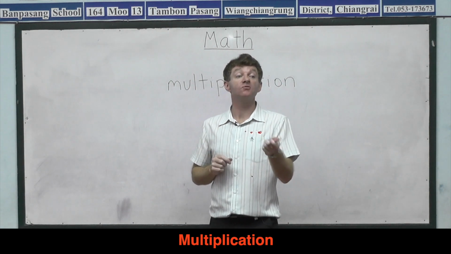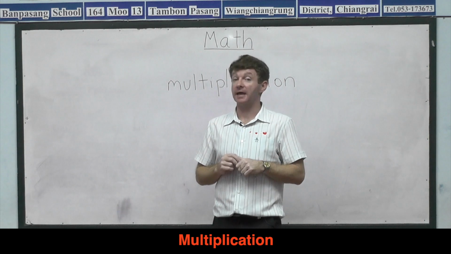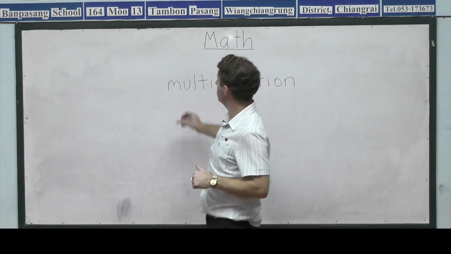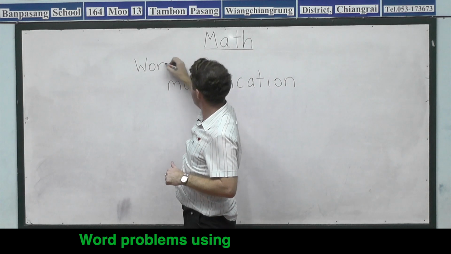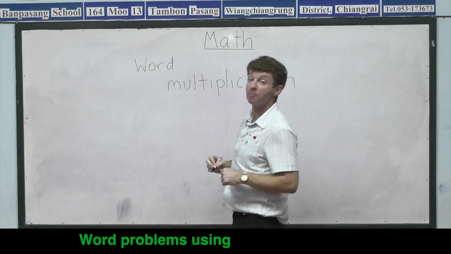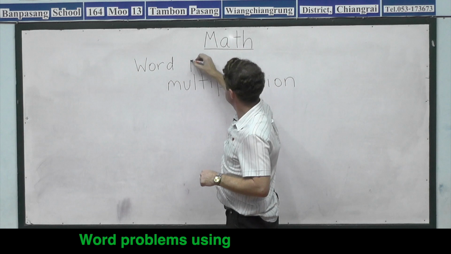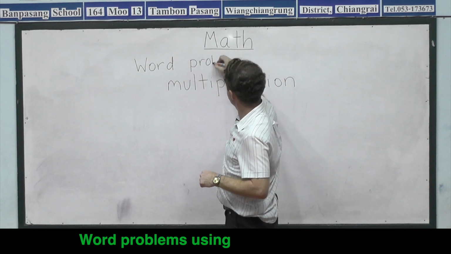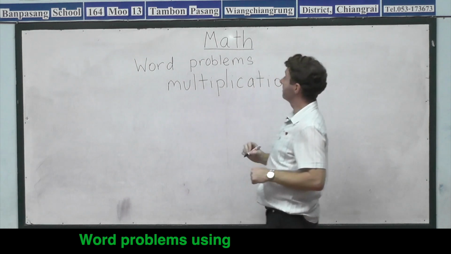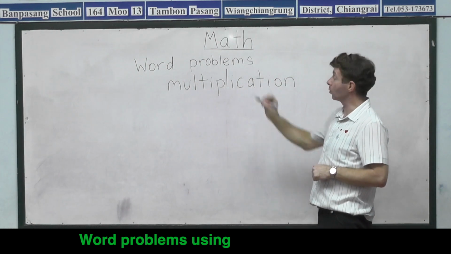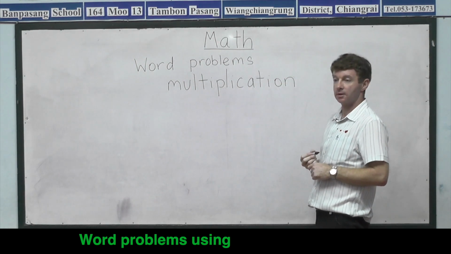Word problems using multiplication. So how do we spell word problems? W-O-R-D. Problems. P-R-O-B-L-E-M-S. Excellent. Word problems.